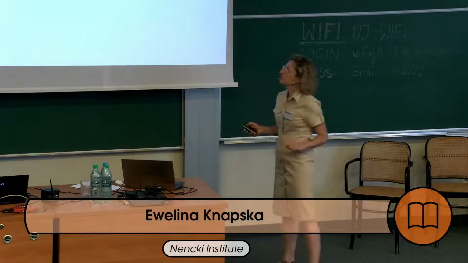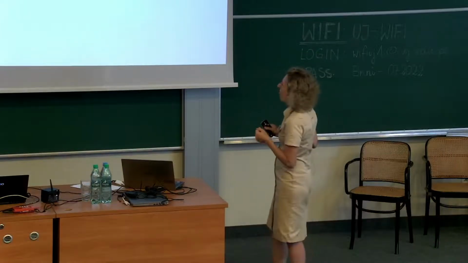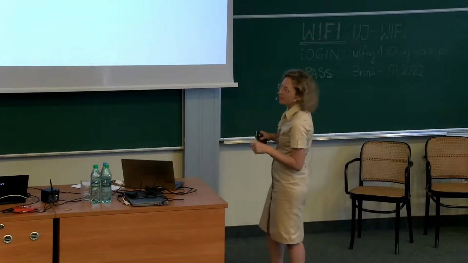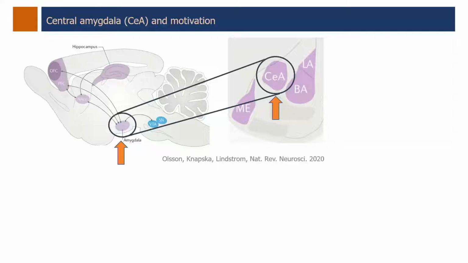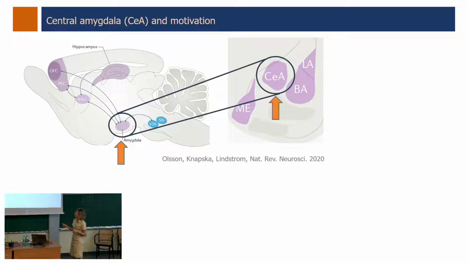I'd like to start by introducing my favorite structure, which is the amygdala, and in particular its central part. The amygdala is a small structure located deep in the brain in the medial temporal lobe, and even though it's small, it's functionally and morphologically heterogeneous.